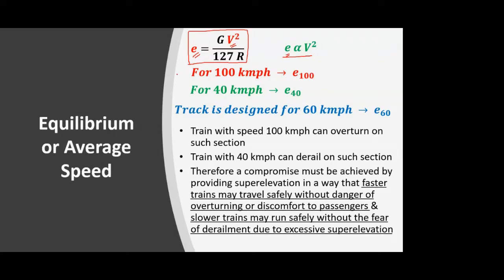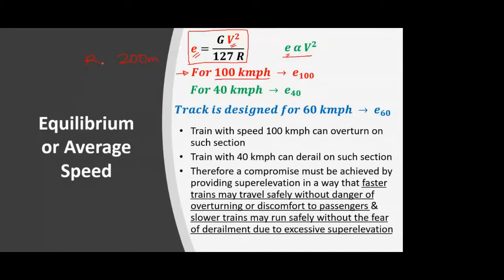So for example, consider a train which is moving at a speed of 100 kmph. From this formula, we directly calculate, keeping the radius of the curve constant, say a curve of 200 meter.